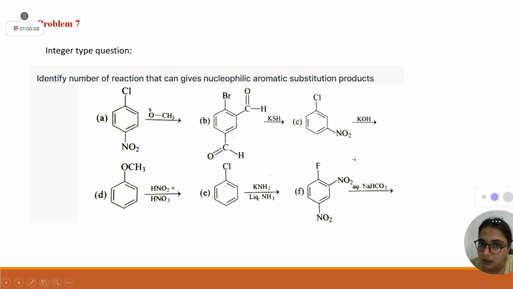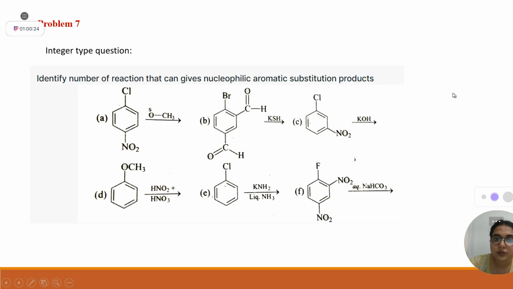That will help you solve MCQ type questions, and this integer type question also came in your exam.